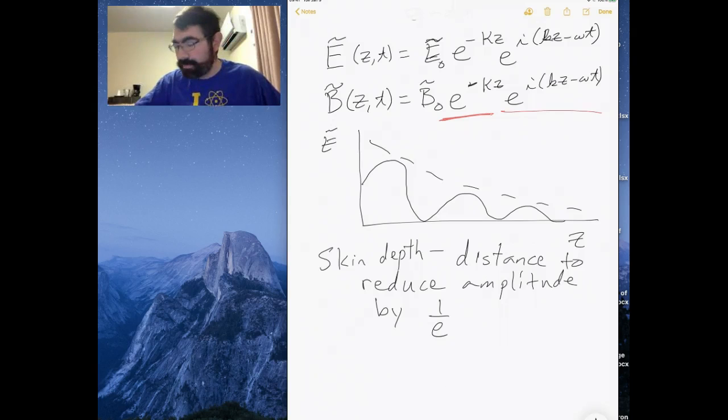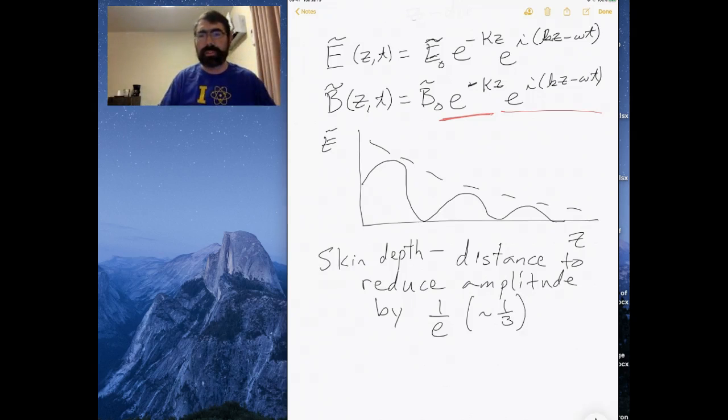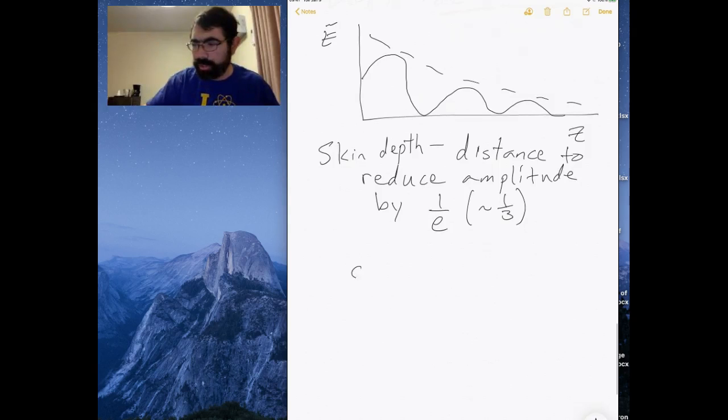It's 1 over e, the constant. So the skin depth, which we'll call d, we can calculate as 1 over kappa. You can think of it like the spatial equivalent to a time constant.